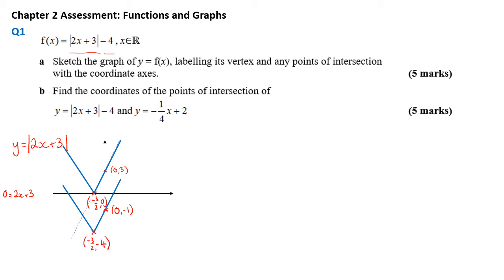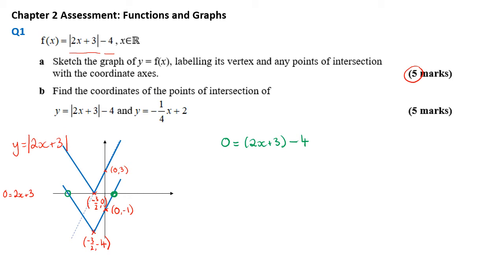Now it's 5 marks this question, and it does say label its vertex, that's that point, and any points of intersection with the coordinate axes. Well, we've done the y-intercept. We now need to do these points here where it intersects the axis. So our first point here where it crosses the positive part, that was my original graph of y equals 2x plus 3.